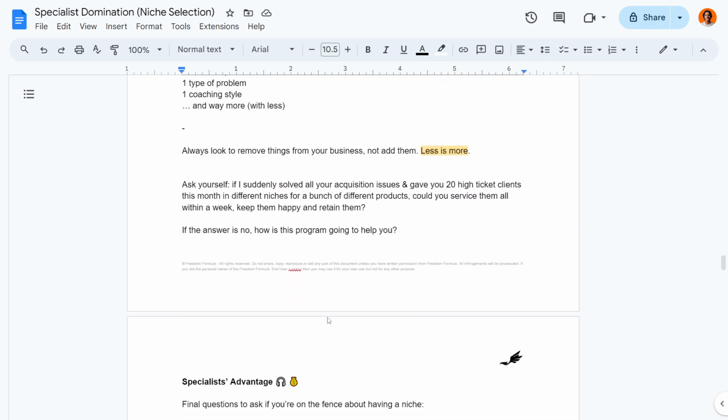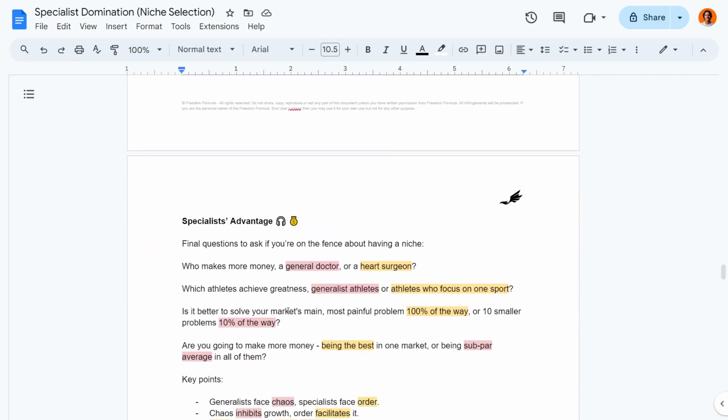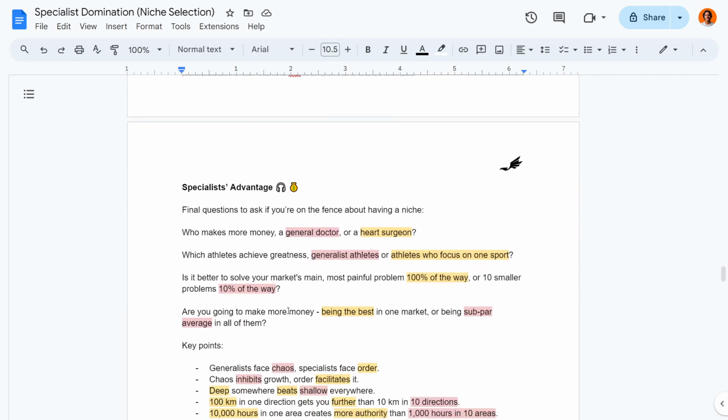Now coming down to the specialist's advantage, the final question to ask if you're on the fence about having a niche, if you still can't decide: who makes more money, a general doctor or a heart surgeon? Which athletes achieve greatness, a generalist athlete or athletes who focus on just one sport?